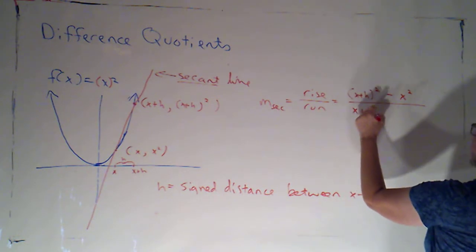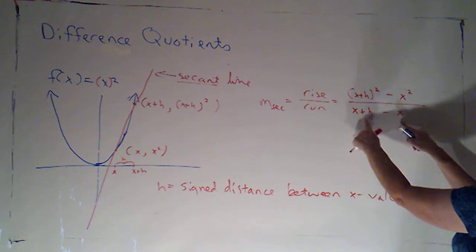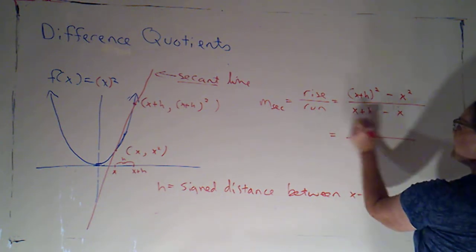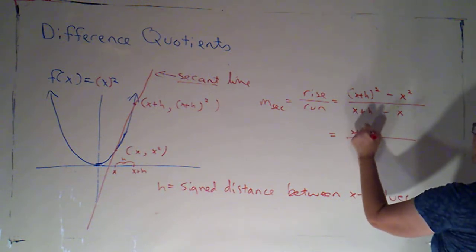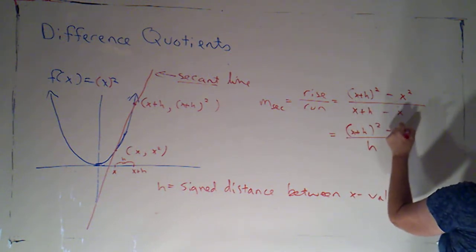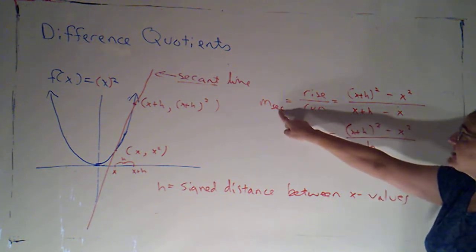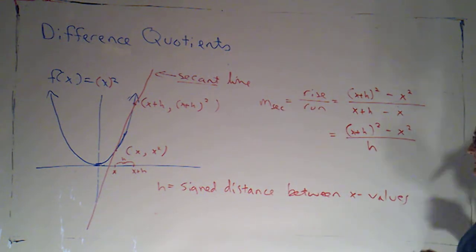So x + h minus x. Now notice that denominator simplifies really nicely. Now the x's cancel and the denominator is just h. So we've got ((x + h)² − x²) all over h. That's the slope of this secant line.